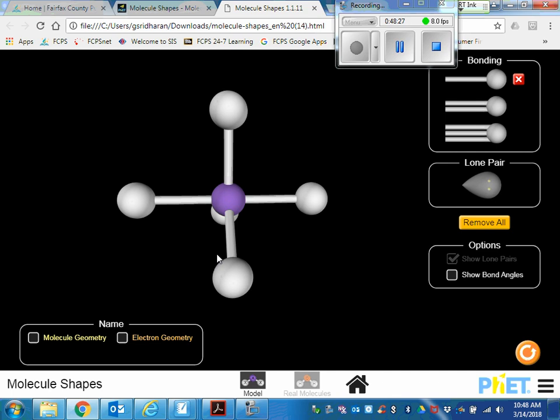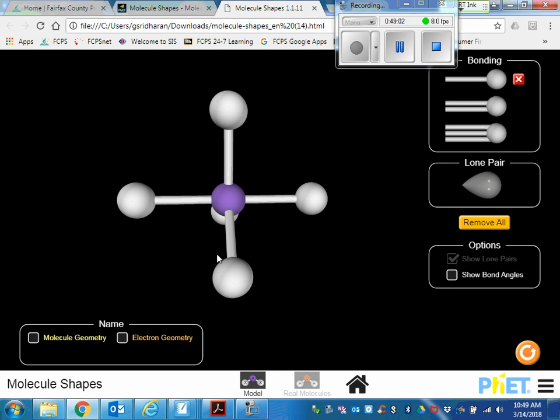Is that pyramidal in shape? And then 1 at the bottom. That's also a base triangle, but then there is a pyramid at the bottom. Is everybody able to see the shape? So if you have 5 surrounding the central atom, what will be the shape of the molecule? Trigonal bipyramidal.